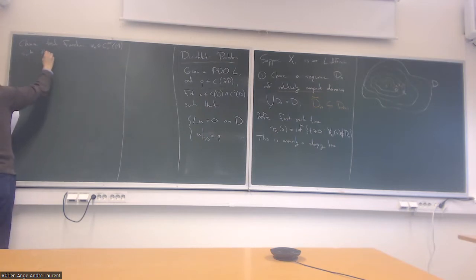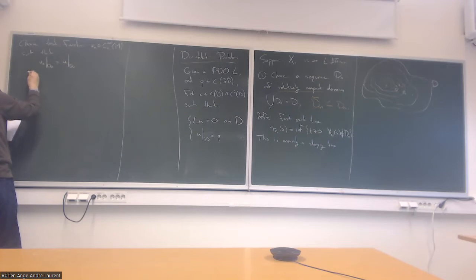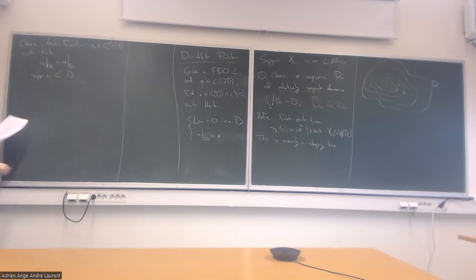If we restrict u_n to D_n, it's just equal to u, and we want the support to be contained in D. So we have some sequence of test functions.